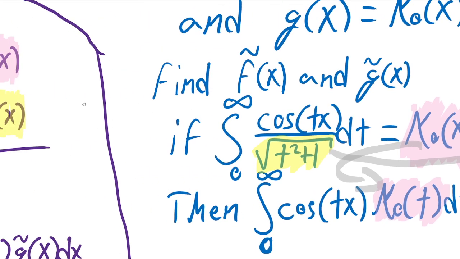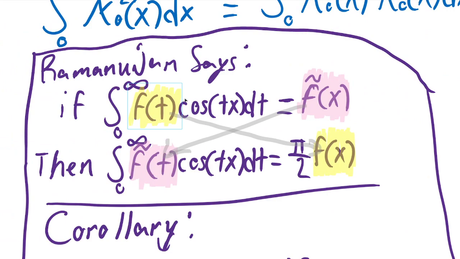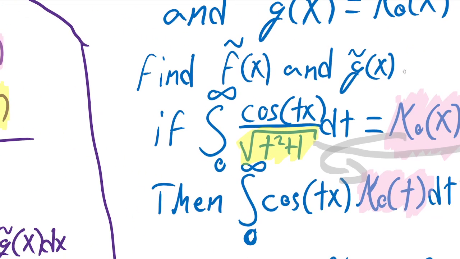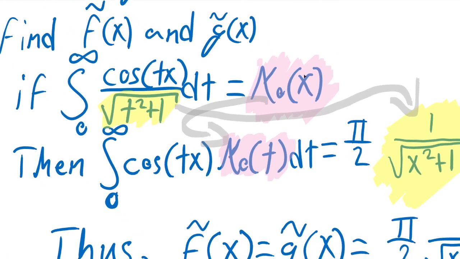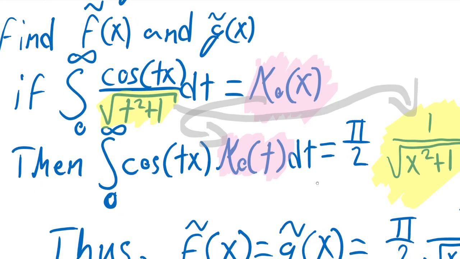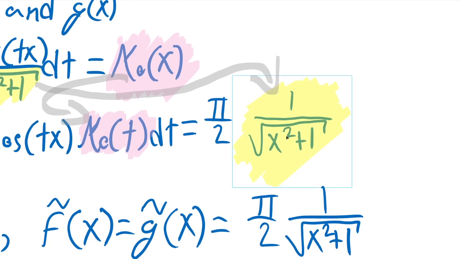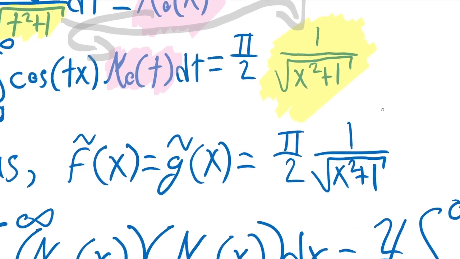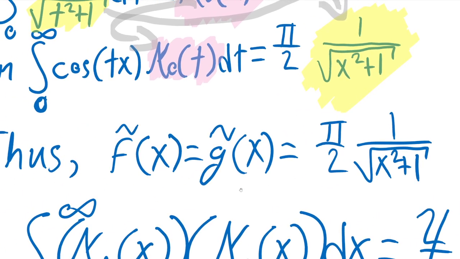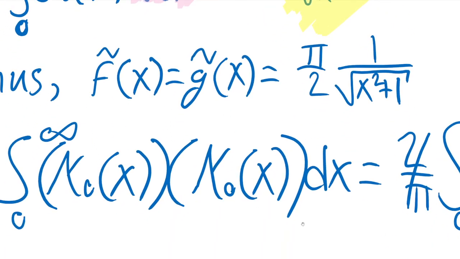If you look over here, we're going to put this down here, and then this down here. And then we get this. So now we know the cosine transform of K sub 0 is equal to pi on 2 times 1 on x root x squared plus 1. And so then we have this. Now all we have to do is plug it in.